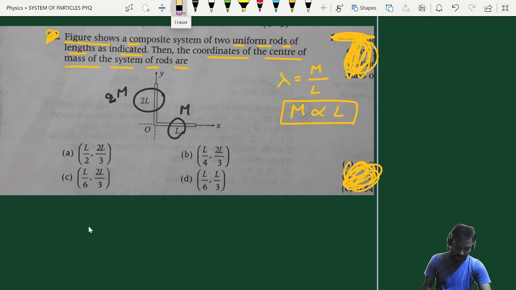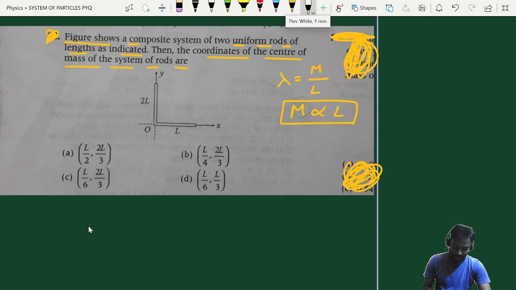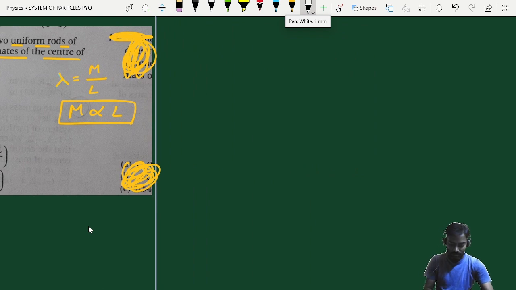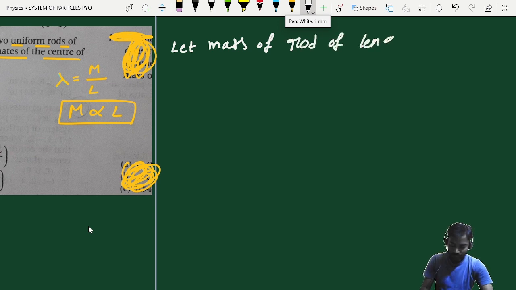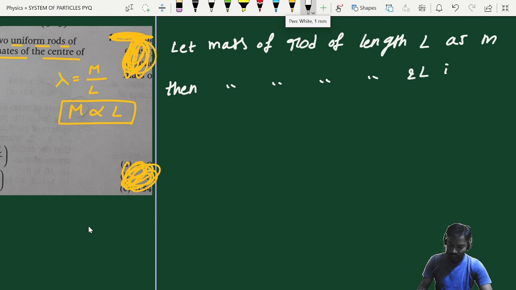Why? Because they mentioned uniform rods and they are saying length as different. So that is why we can analyze masses. So let the mass of the rod of length L be m, then the mass of the rod of length 2L is 2m.